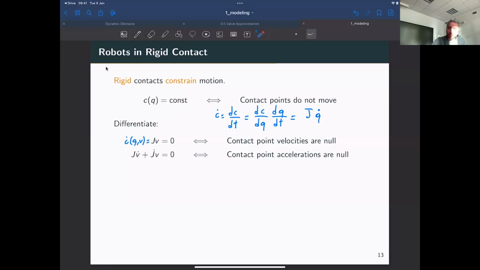So what's the difference between saying f of x equal to 5 and the derivative of f of x with respect to time is equal to 0? Suppose that x is a function of time, of course.